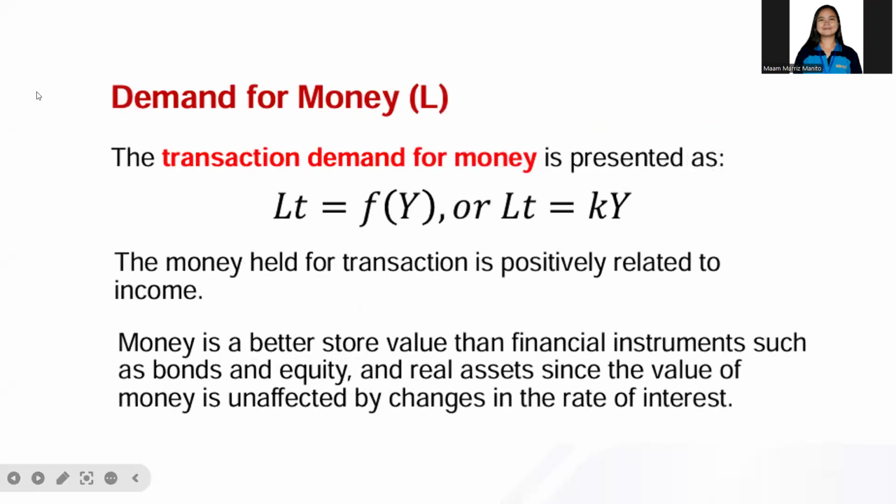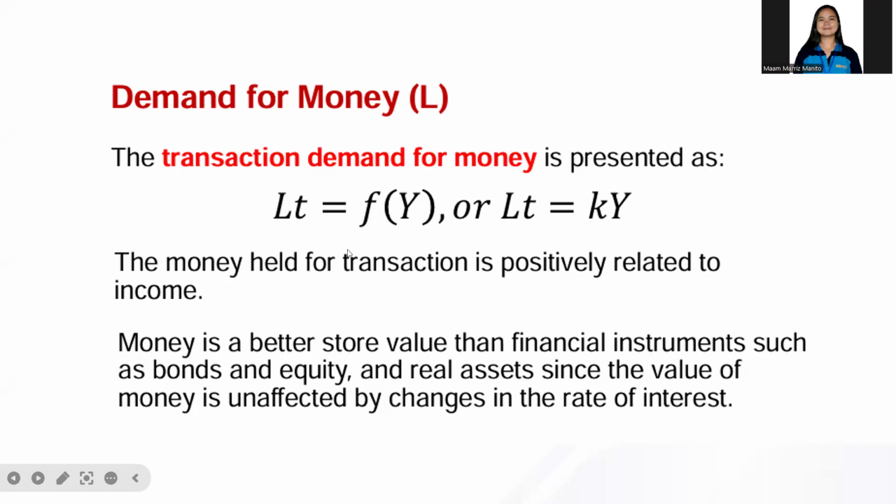Now, let's move to demand for money. So, kaninang money supply po yun siya, which is denoted by M. And then now, demand for money is denoted as L. Now, the transaction demand for money is represented as LT equals a function of Y, or LT equals KY.